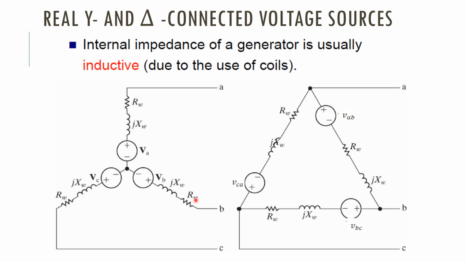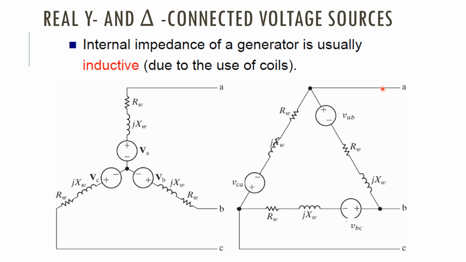Similarly, the winding resistance and winding leakage inductance of the source on the B arm, and on the C arm it has the same. Similarly, the winding resistance can be given in this way, and the winding leakage reactance could be given in this way, right?